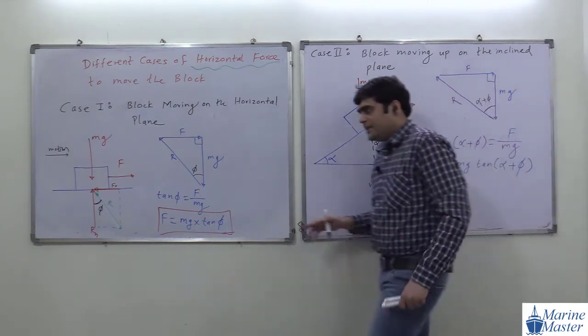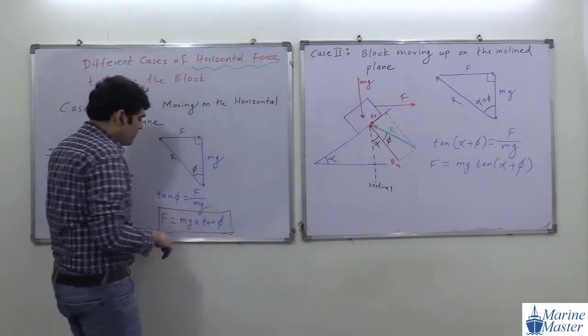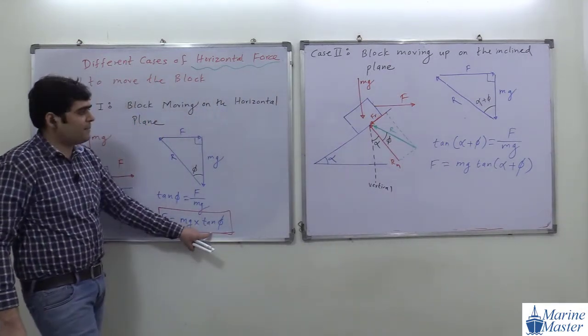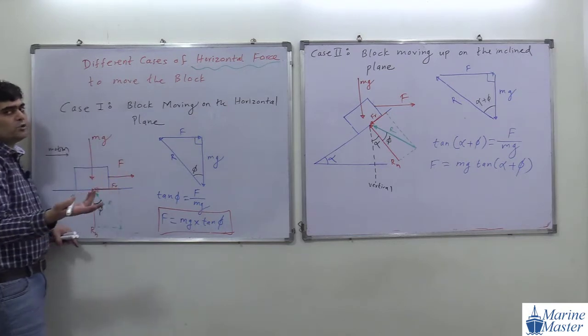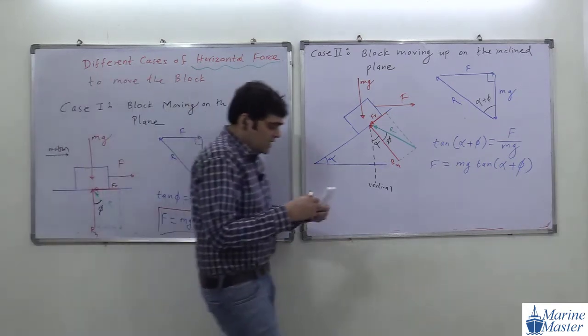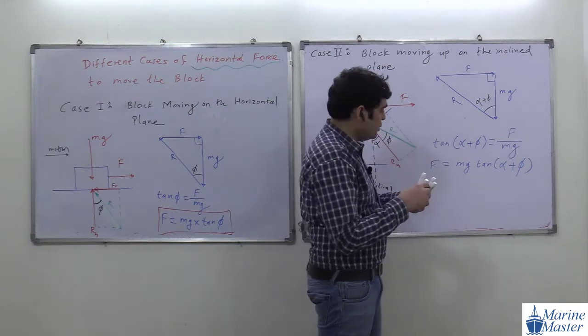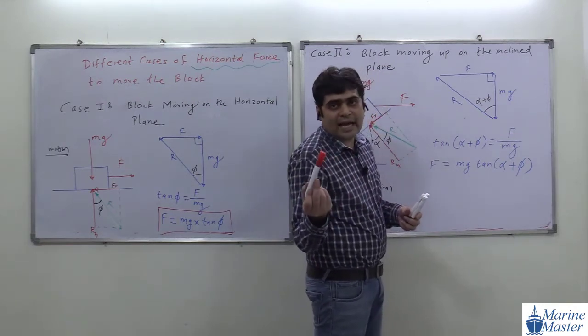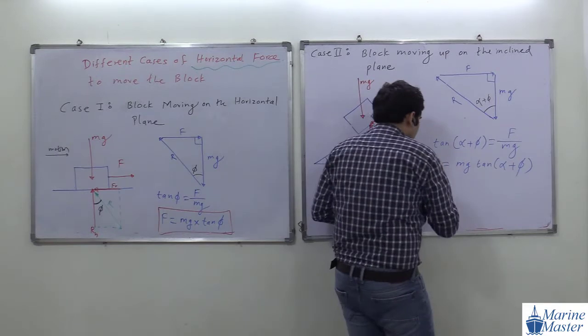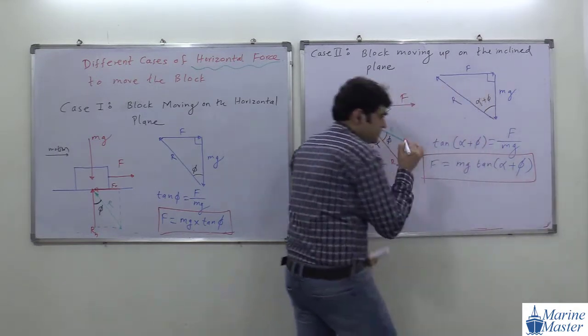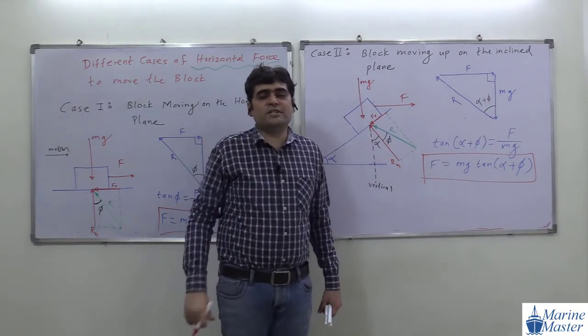In this scenario, F would be mg into tan phi if alpha is 0 degree. But in this scenario, F equals weight multiplied by tan of alpha plus phi. Any doubt in this discussion, guys?